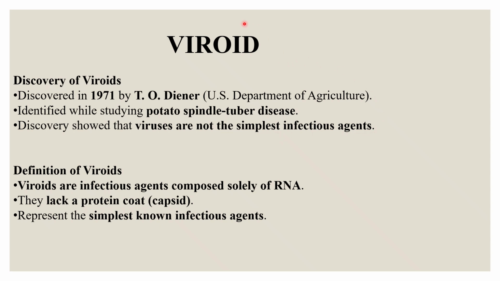Viroids are also infectious agents, and moreover, prions are also infectious agents. So, viroids are infectious agents composed solely of RNA. They lack a protein coat, that is a capsid, and represent the simplest known infectious agent.